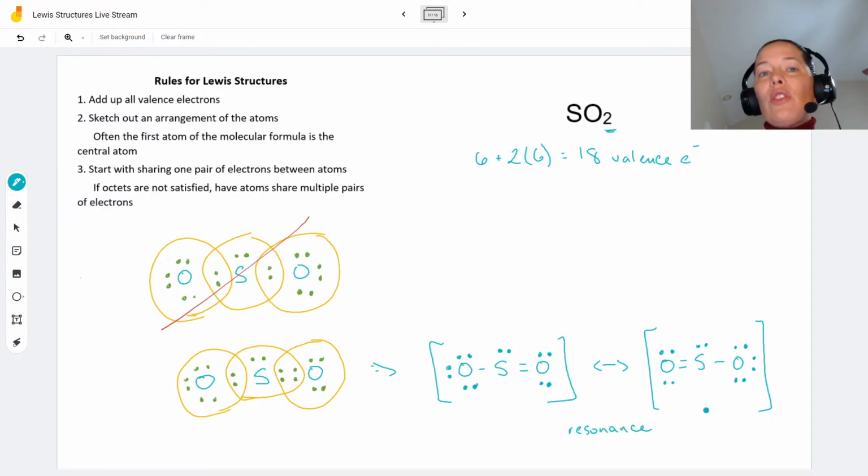So sulfur dioxide has 2 different ways that we can draw the Lewis structure. You can either have the double bond on the right and the single bond on the left, or the double bond on the left and the single bond on the right. They are both valid Lewis structures. And very often you will see both of these Lewis structures drawn. So that is resonance. That's a really quick view of resonance, but that is resonance.